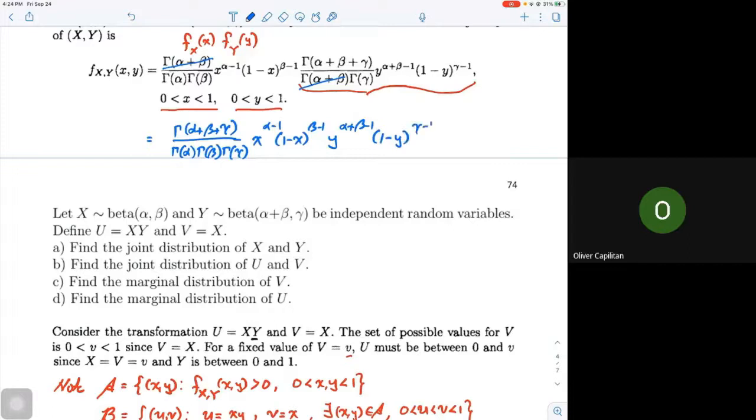We just simplify our joint PDF of x and y.